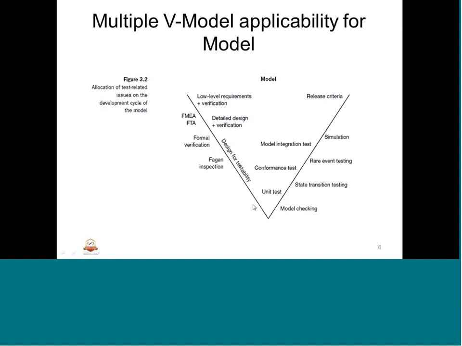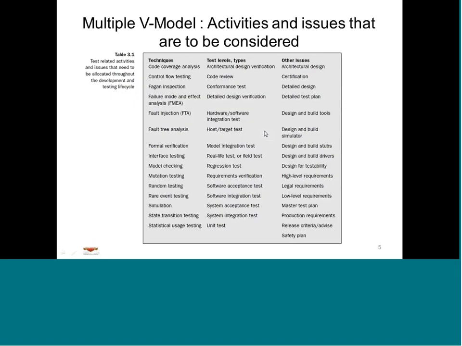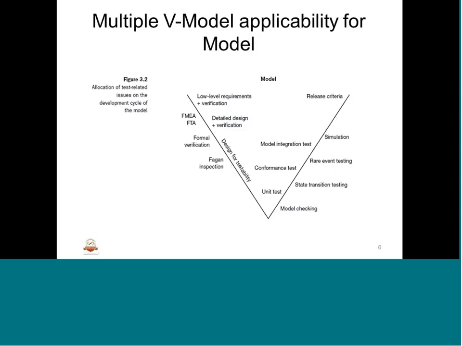So, as I said, the V model is looking like a V shape, and corresponding to these requirements, we have a release criteria, we have an integration, model integration, we have a conformance test, we have a unit test. These are some of the selected techniques, test level types, and other issues.